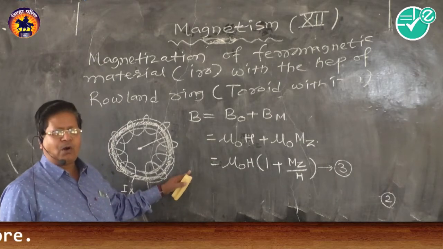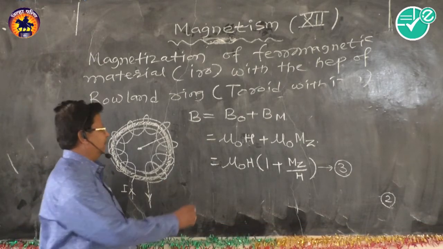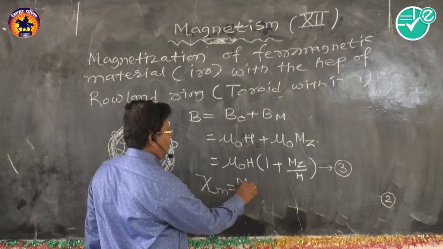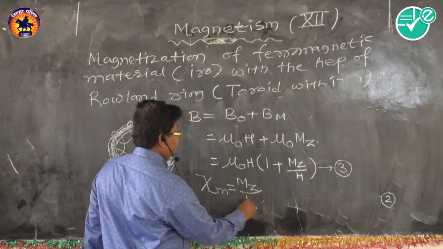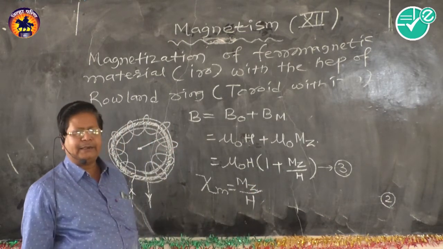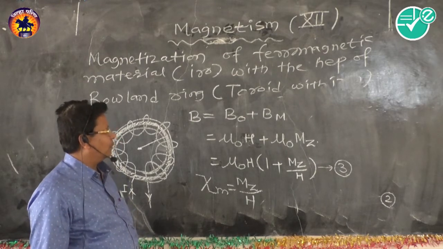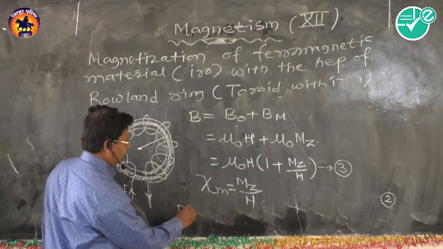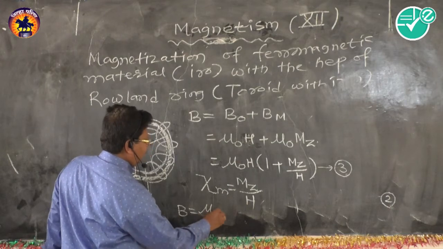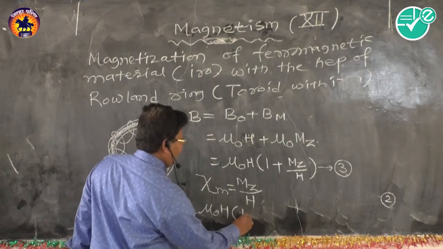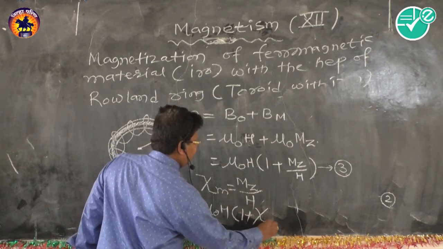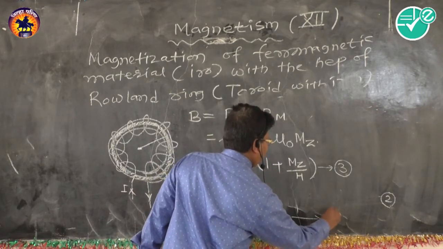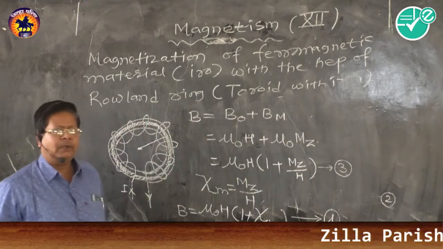Then by the definition, magnetic susceptibility is equal to the ratio of magnetization divided by magnetic intensity. Therefore, our equation number 3 becomes B is equal to mu 0 H in bracket 1 plus magnetic susceptibility chi m. Let us suppose this is equation number 4.